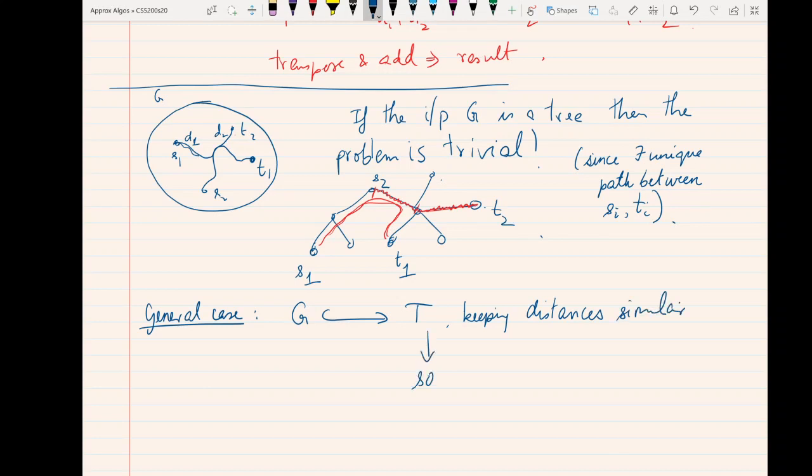We solve it on this tree, and then you map back the solution in some way to the graph. We'll have to prove a couple of things about the way we map back solutions and how it compares to the optimal in the graph G.